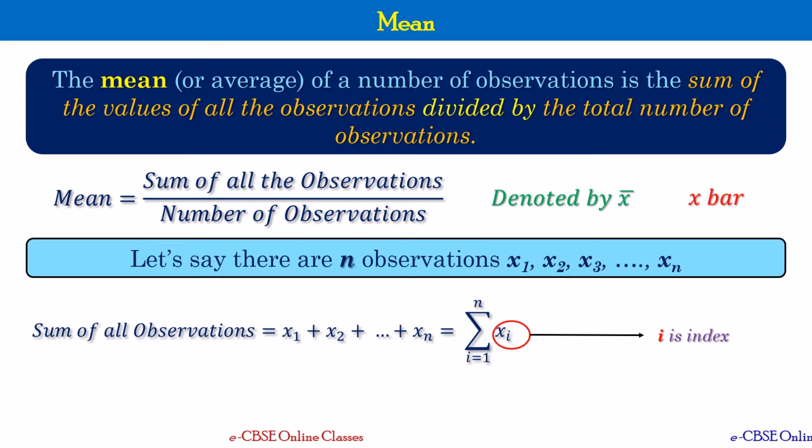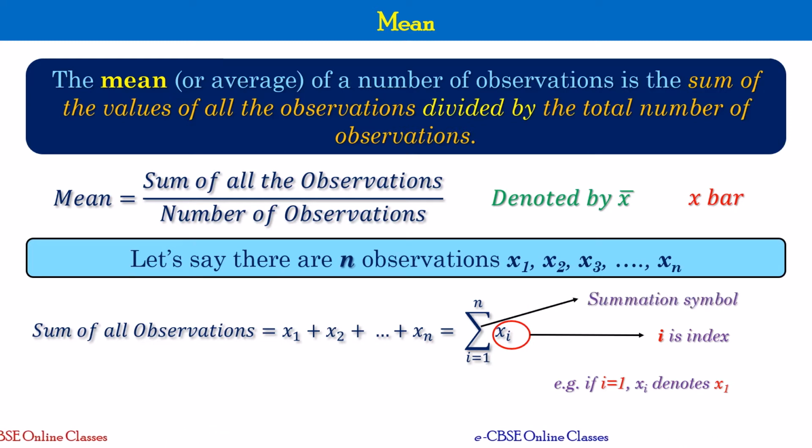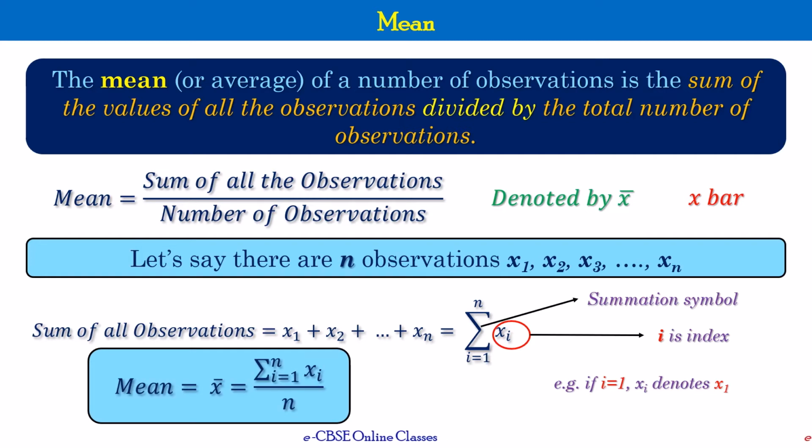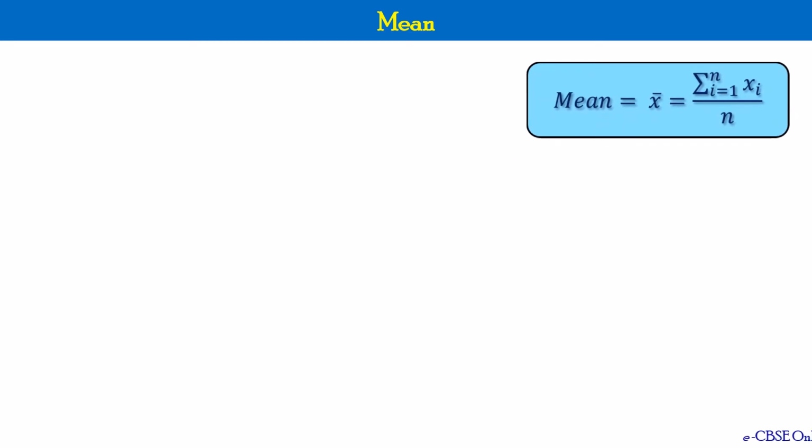If for example, i equal to 1, xi denotes x1. Okay, and the symbol sigma here is summation. Okay, so mean is equal to x bar is equal to summation of xi, where i is running from 1 to n, divided by n. Okay, let's keep this formula aside and try to work out an example problem.